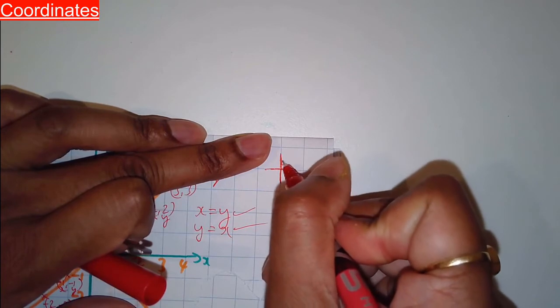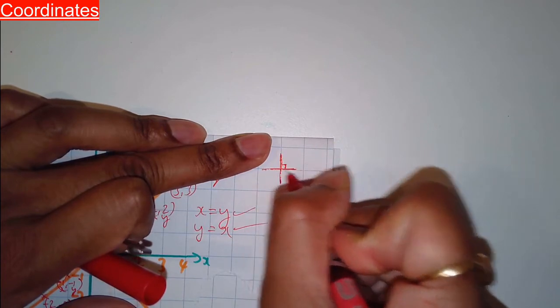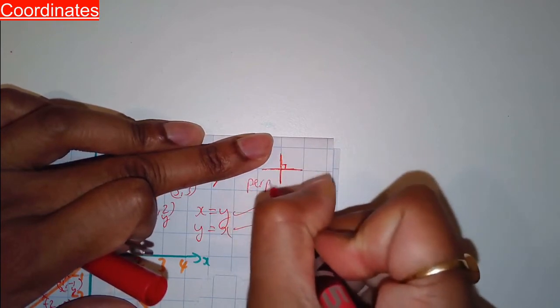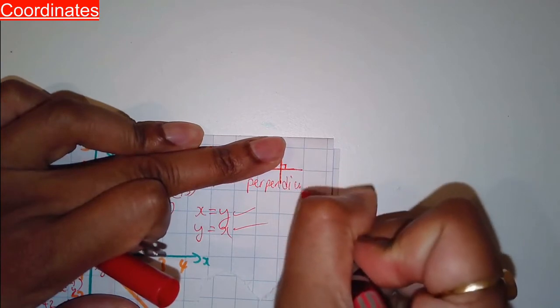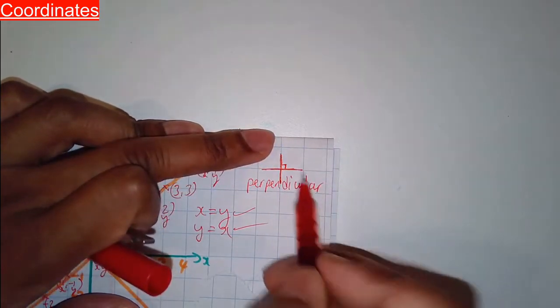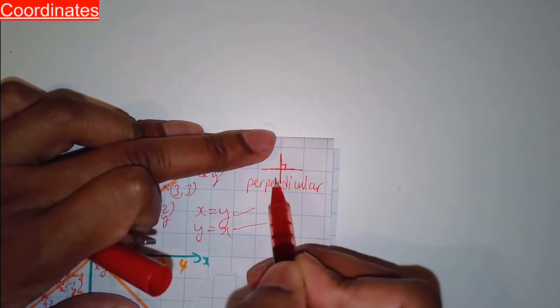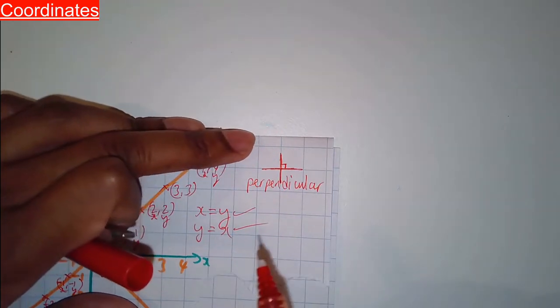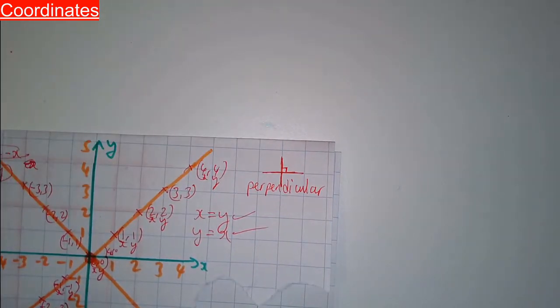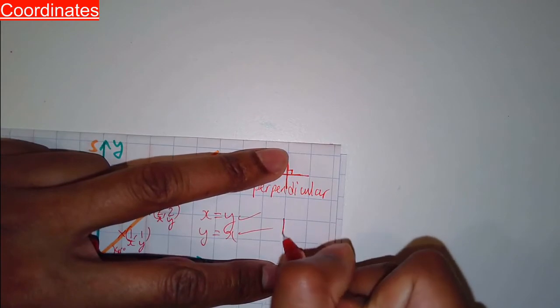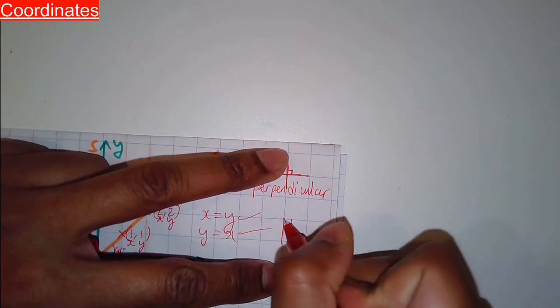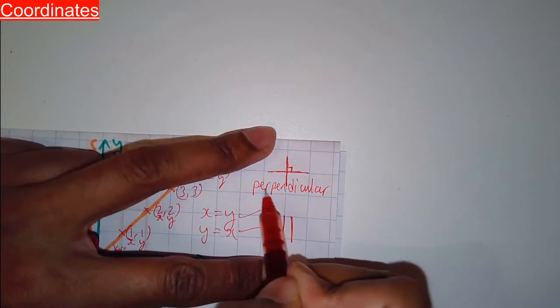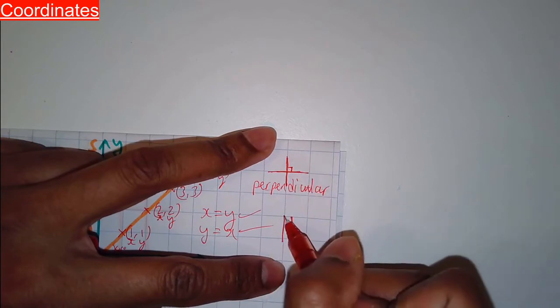This line is perpendicular to this. Perpendicular is just a fancy word for when two lines meet at right angles. But if you've got two lines like that, these are parallel. So the opposite word of perpendicular is parallel.